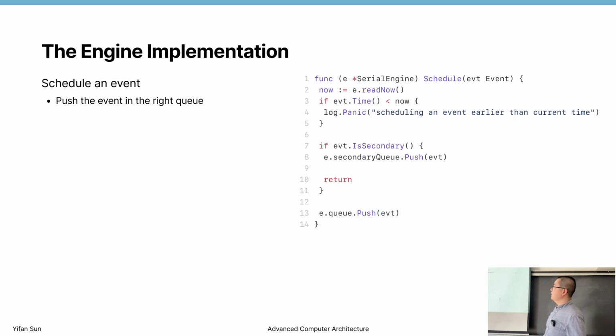So this demonstrates another philosophy or coding practice in Akita. A beginner may write code, or an undergraduate student at the beginning, when learning like CSCI 141, may like to write: if event is secondary, do this thing, else do that thing, right?